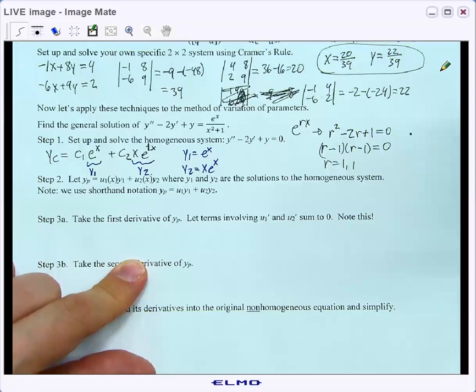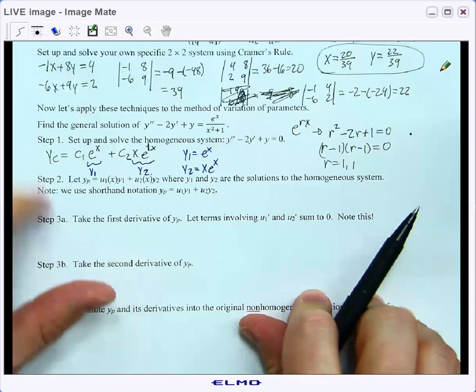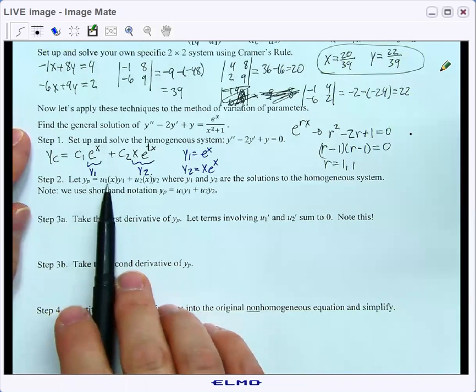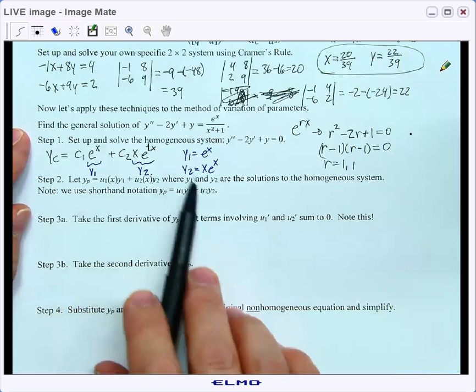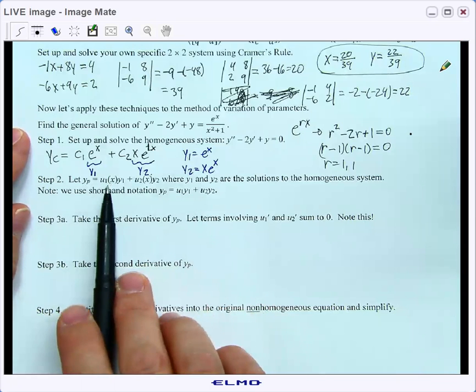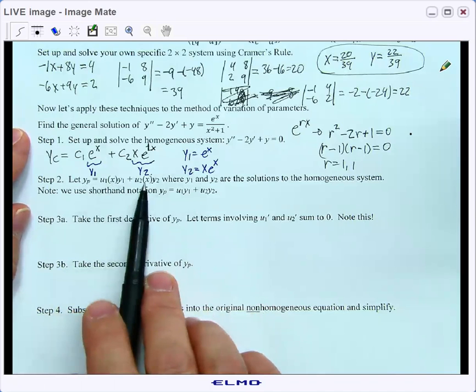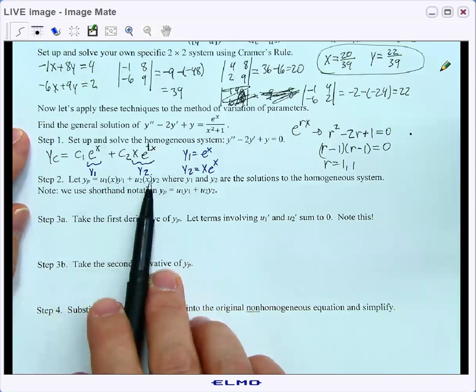Now, in a nod sort of like the method of undetermined coefficients, we're going to say that our particular solution is probably going to be kind of like this, but multiplied by some, not constant, but some function now of these guys. So we'll call those undetermined functions u sub 1 of x and u sub 2 of x that will multiply onto y1 and y2 respectively.